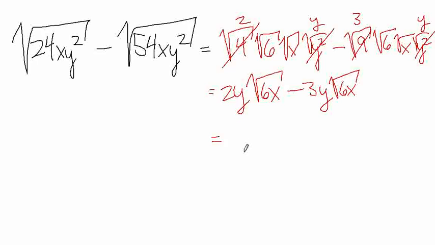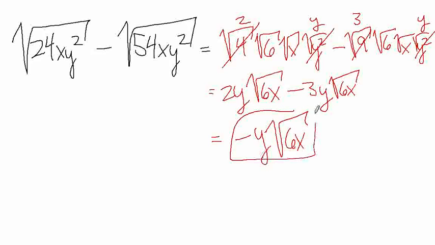Putting it all together, now I can find the difference. So 2y root 6x minus 3y root 6x gives minus y root 6x.